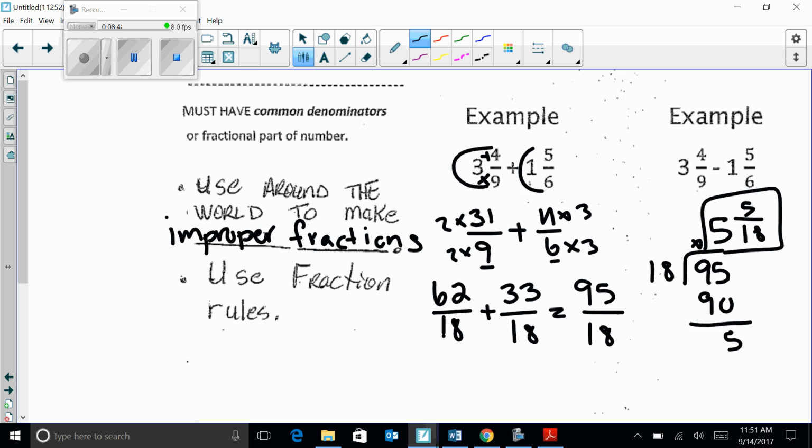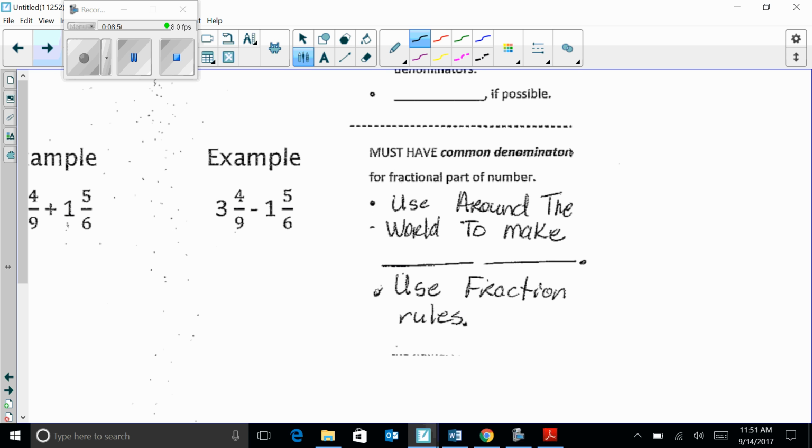All right, our last problem. This is going to be our subtraction problem. Same concept as adding mixed numbers. You use Around the World to make improper fractions, and then we simply follow our subtraction rules.